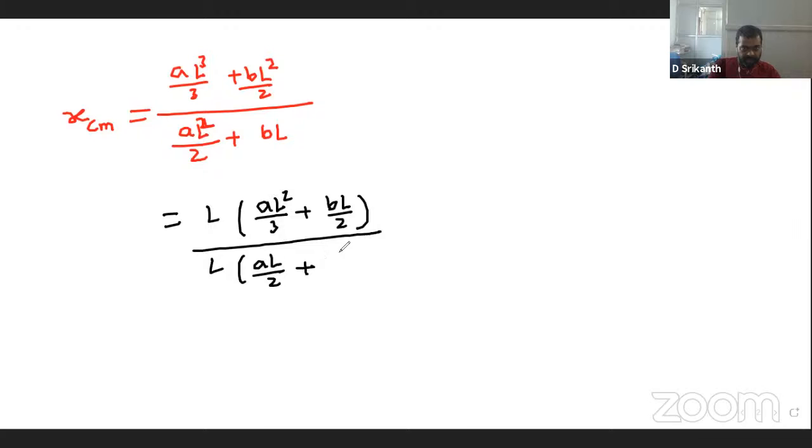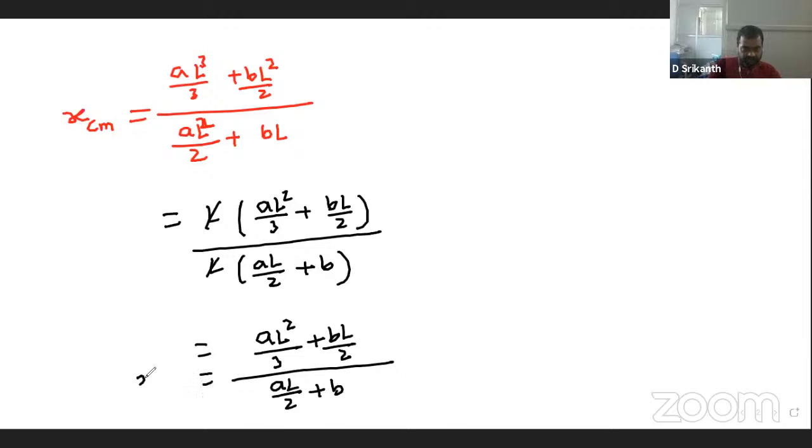That is A L square by 3 plus B L by 2 divided by A L by 2 plus B. That is X here. Okay. Completed.